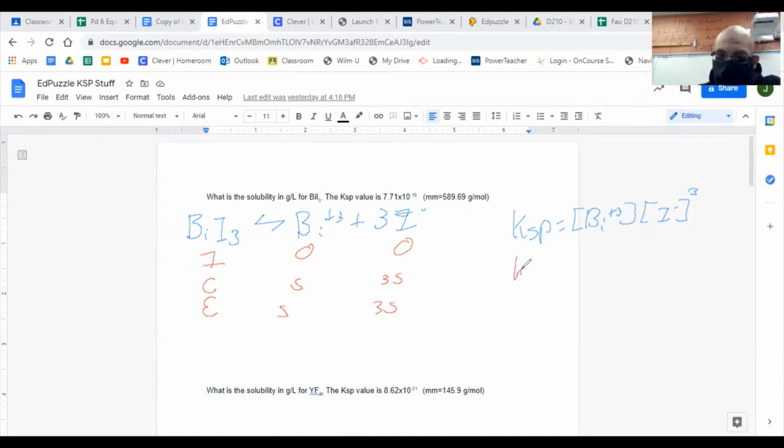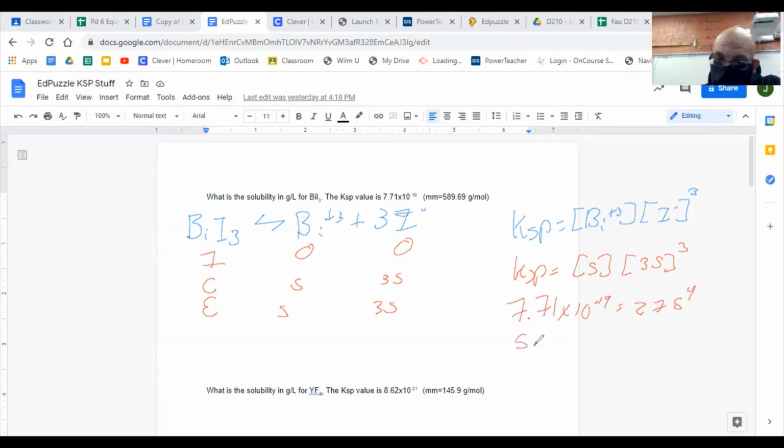So now we can plug this in. We have S times 3S cubed. We know Ksp is 7.71 times 10 to the negative 19th, which equals 27S to the 4th.